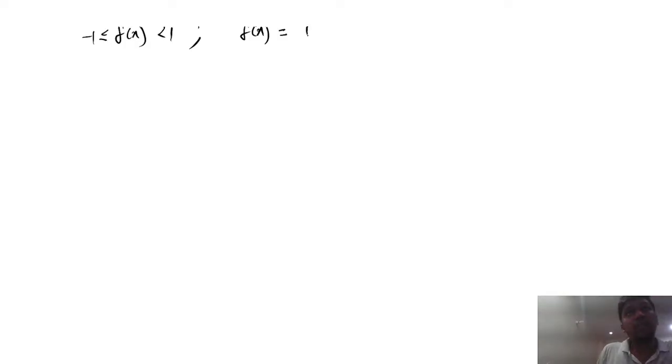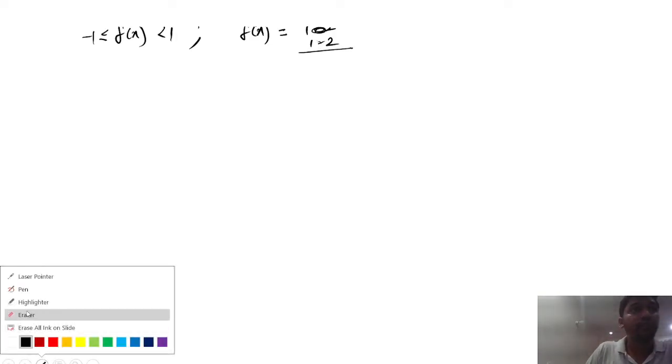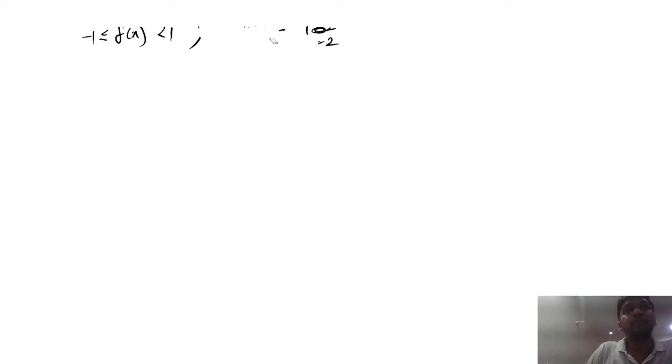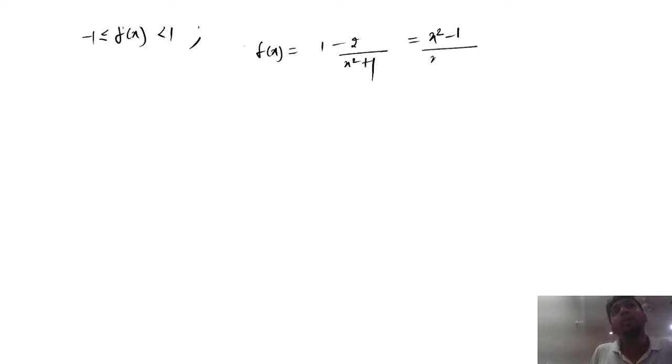It is 1 minus 2 by x square plus 1, right? And this is just the expression of this equation, x square minus 1 upon x square plus 1.